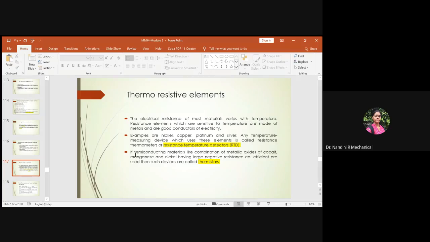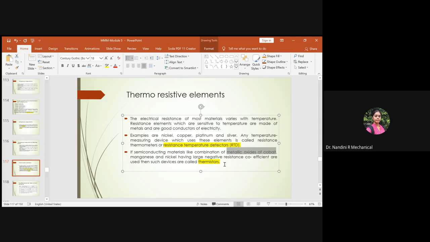If semiconducting materials are being used, then it will be a combination of metal oxides of cobalt, manganese, and nickel. These have a large negative temperature coefficient of resistance, and these devices are called thermistors.